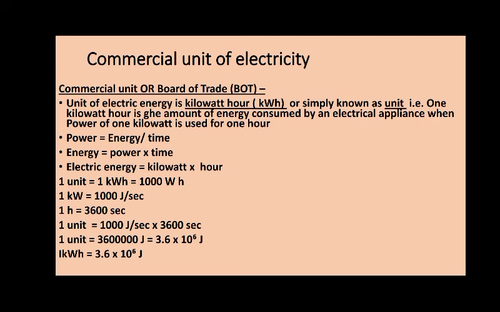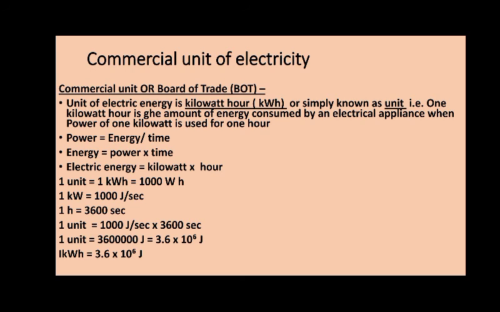So 1 kilowatt is also equal to 1000 watt, and 1000 watt is equal to 1000 joules per second, and 1 hour is equal to 3600 seconds.